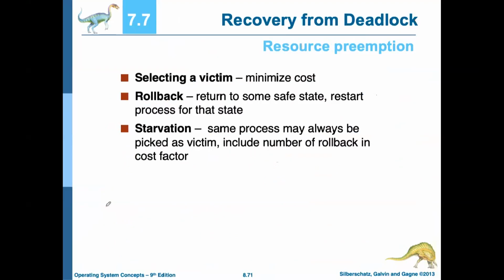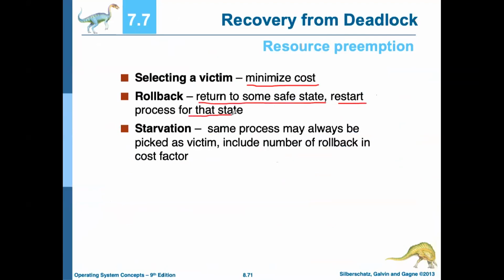And then resource preemption, selecting a victim. Okay, so we have to choose which one to minimize the cost. Rollback means return to some safe state, and then restart the process from that state.